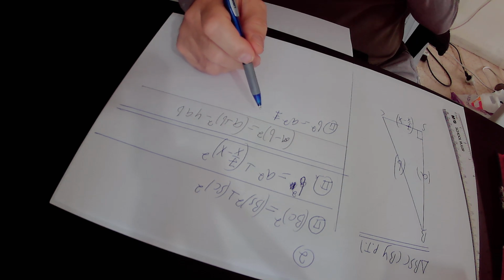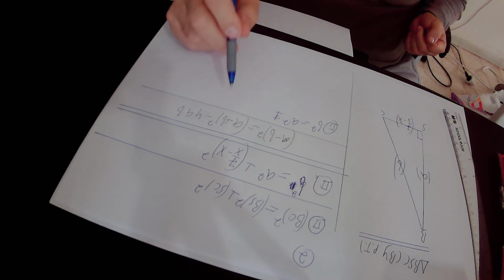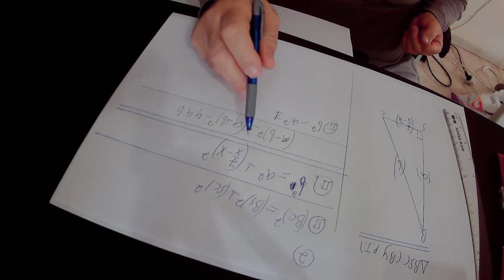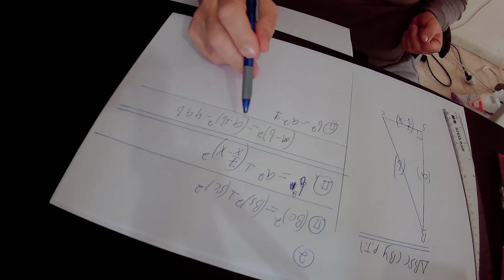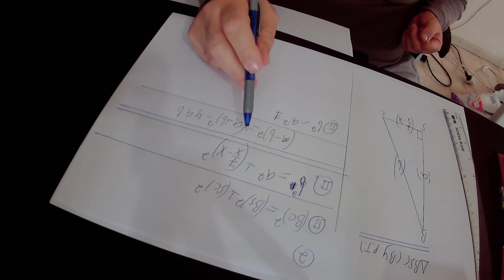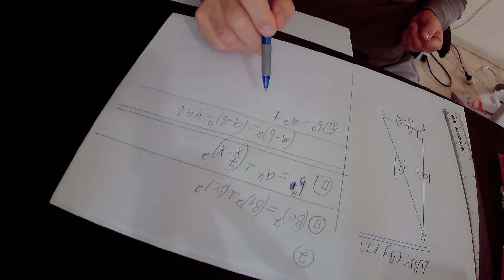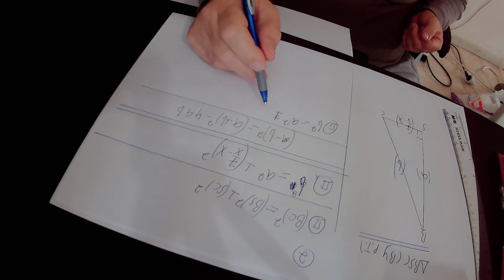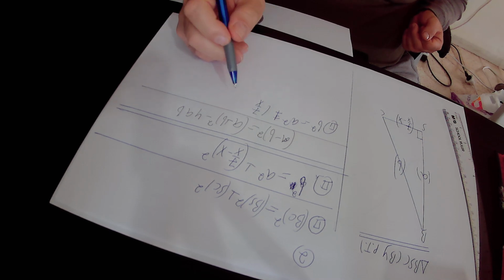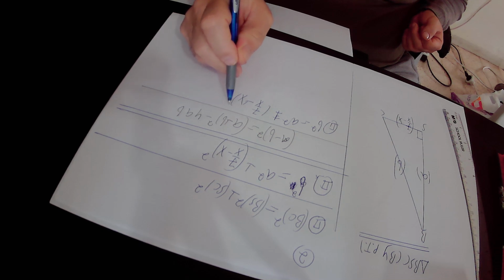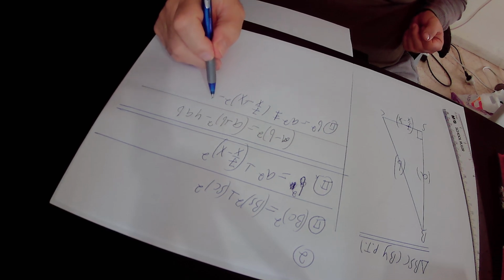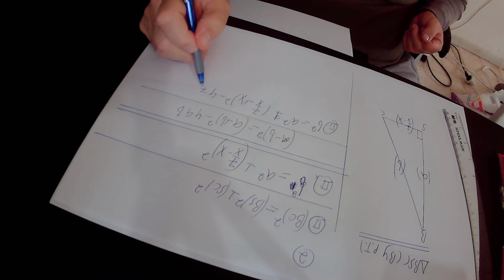If we substitute A by 7 over X and B by X, we get that (7 over X minus X) squared, according to this algebraic identity, equals (7 over X plus X) squared minus 4 times 7 over X times X.